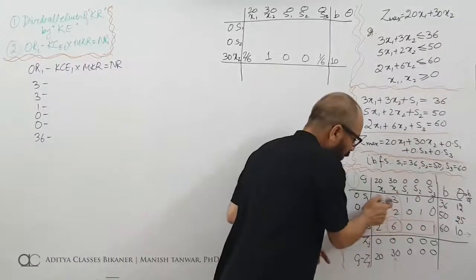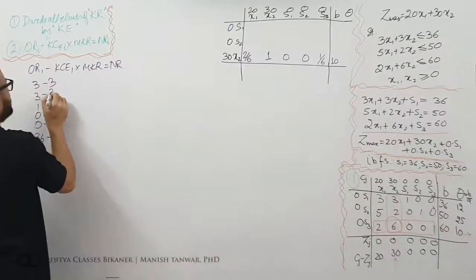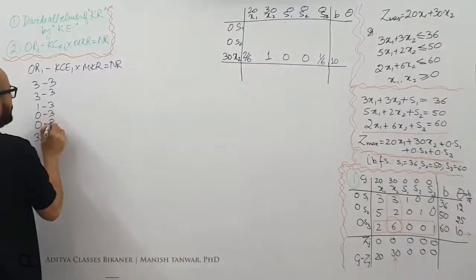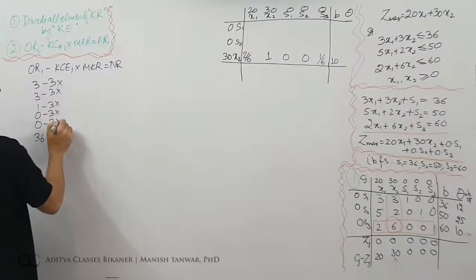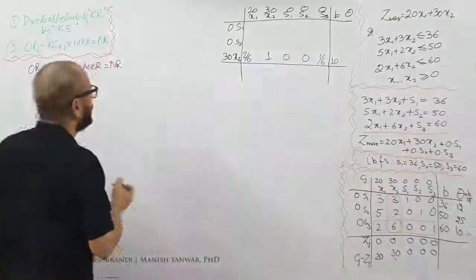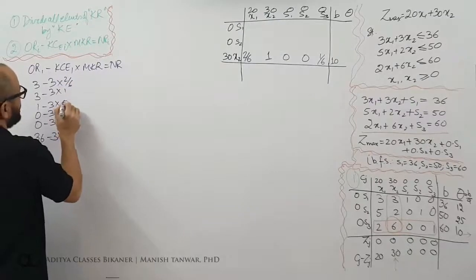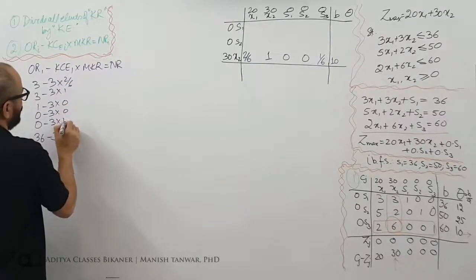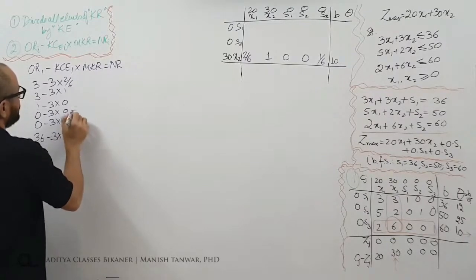Key column element 1, the first element of this key column, is 3, multiplied by modified key row. This is my modified key row: 2 by 6, 1, 0, 0, 1 by 6 and 10.